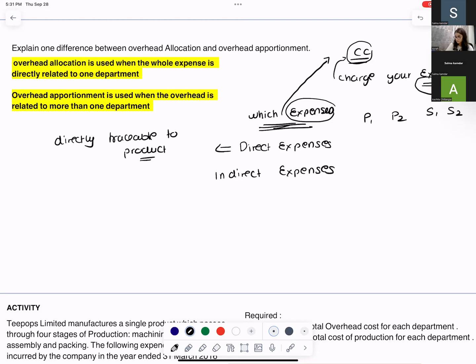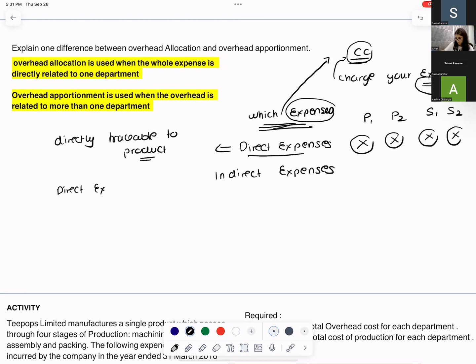Now, these words that I'm using are very important. So I will exactly know what the exact expenses of this individual department are. Of all the direct expenses, can you name the direct expenses for me?